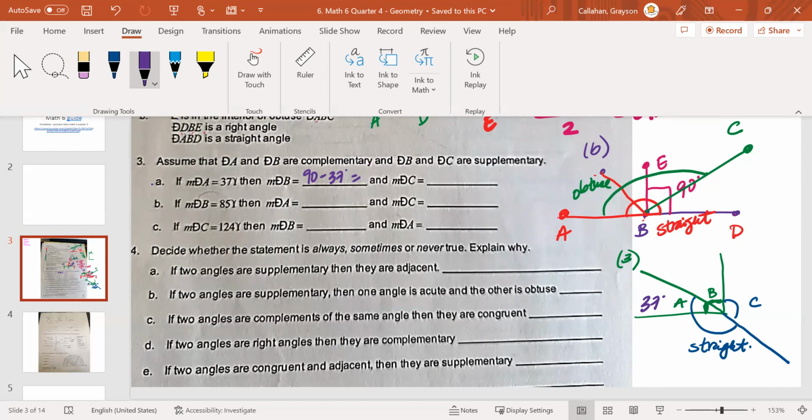Angle B will be 43, right? No, 53. Yeah. So if angle B is 53 degrees, angle C, do you see how B and C make a straight angle? So that means you would take 180 minus 53, which is like 127 degrees.